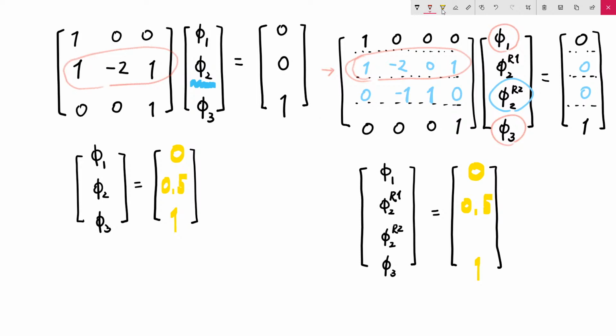Finally, when we visit our third row, it says that we have a continuity of the electrostatic potential at the interface node. So we will have 0.5.